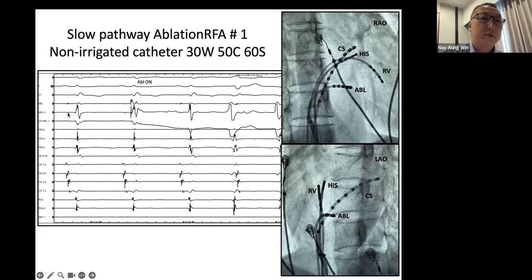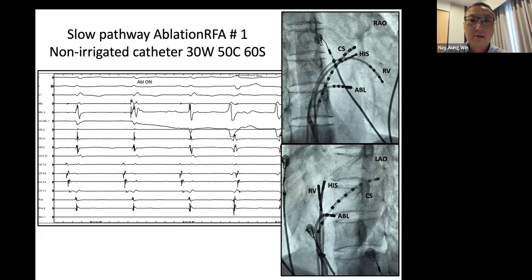But there are two separate potentials at the ablation catheter, the very sharp potential, two potentials. I think this is the slow pathway potential, and I ablated there. And just after ablation start, there's a junctional beat in here. So I think junction or PVC?